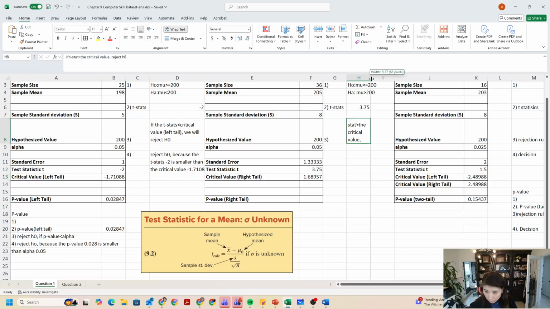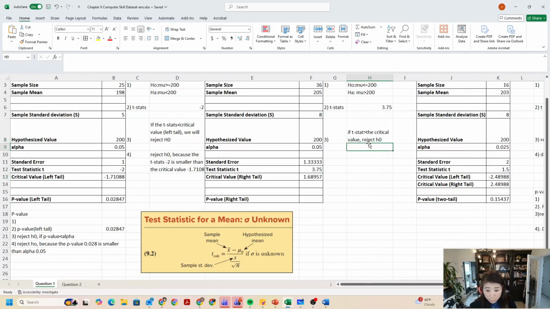Let me enlarge this side a little bit. So we will reject H0 if the t-stat is larger than the critical value. Now compare the t-stat, which is 3.75. It is larger than the critical value, 1.68. Therefore, we will reject.